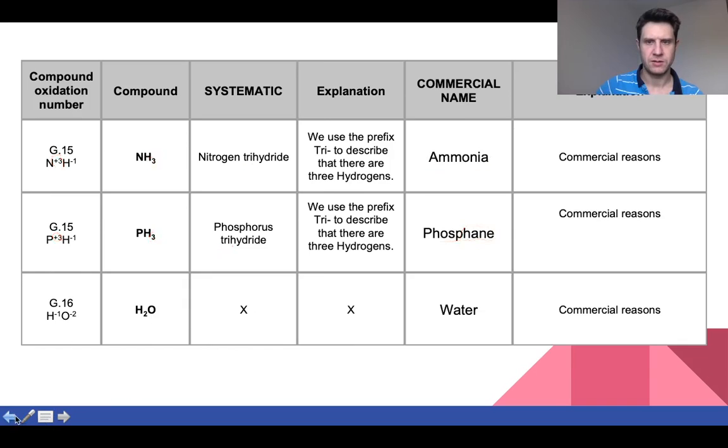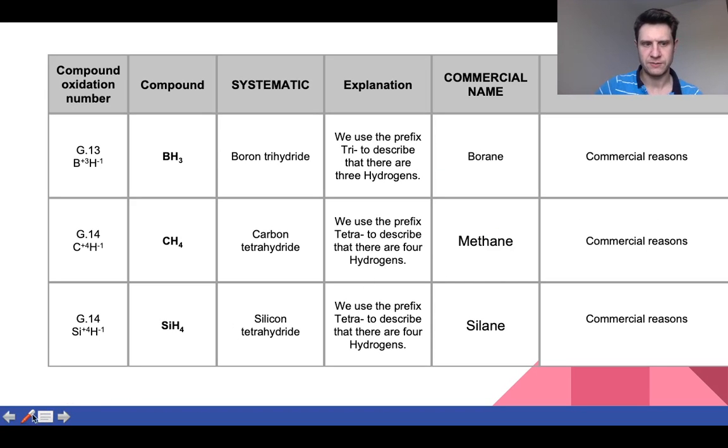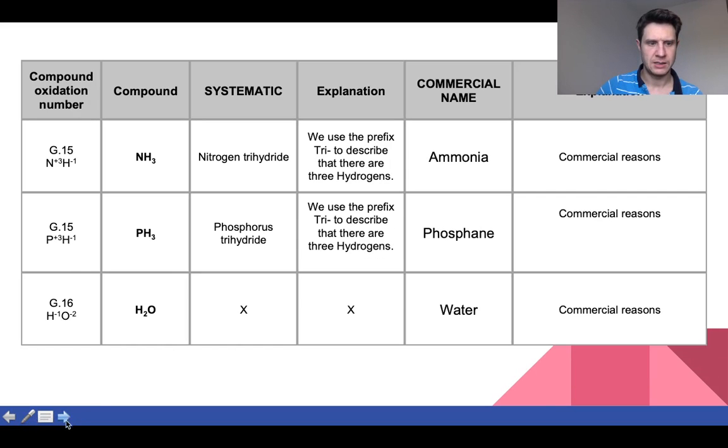The other ones also have ane at the end of the word in a commercial name, like borane, methane, silane, and the next, ammonia is an exception. Ammonia is an exception, but we have phosphane.